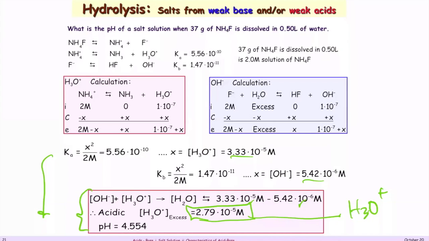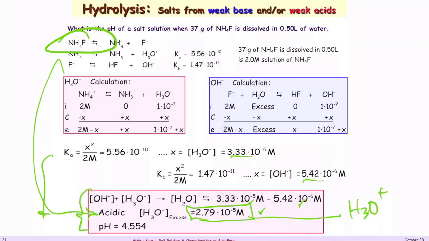You calculate the amount remaining of the excess, and that'll be, in this particular case, the hydronium. So when you put this salt in water, it'll give you an acidic solution, to the tune of 4.55 pH.